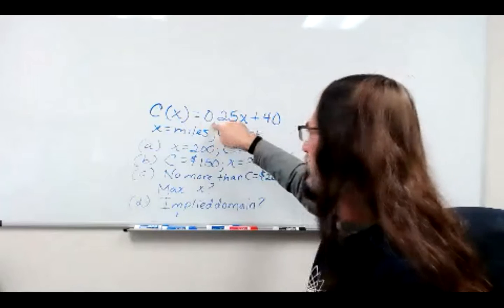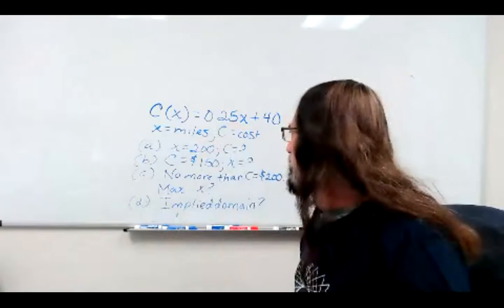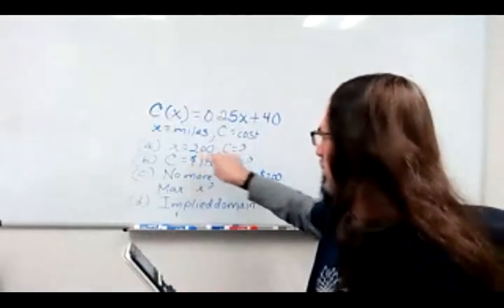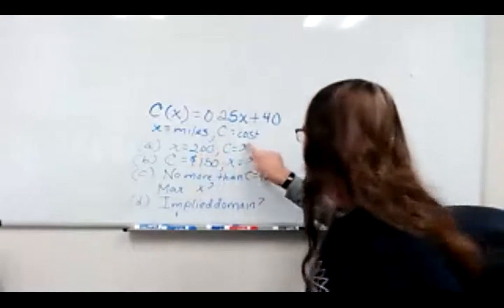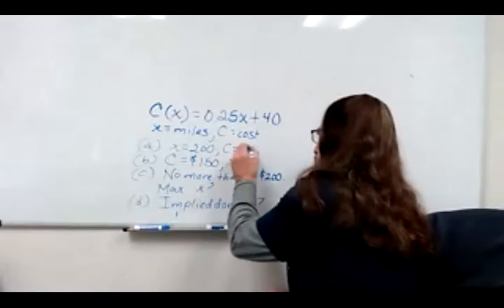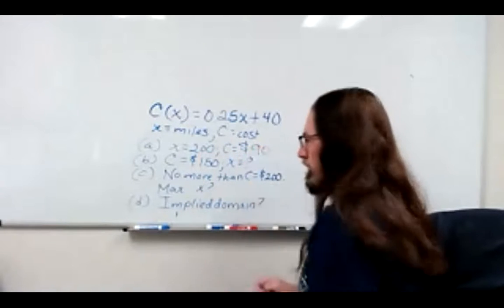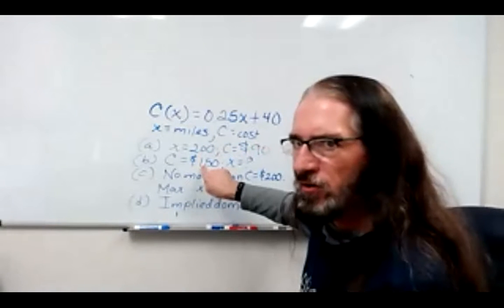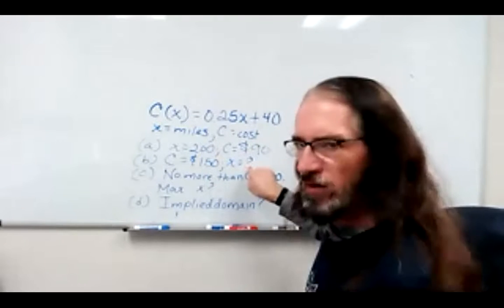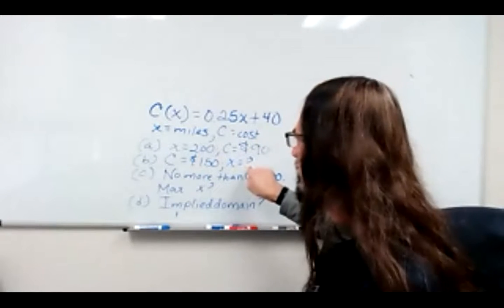That's positive. Since we just found going 200 miles gives us that C equals only $90, and now we're talking about a higher cost, then I believe that should give us a higher value of x.